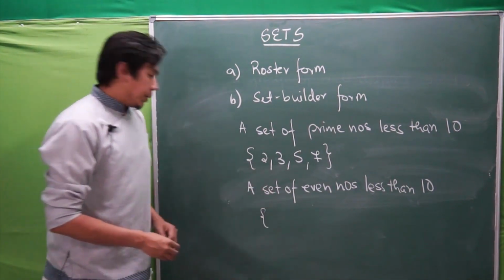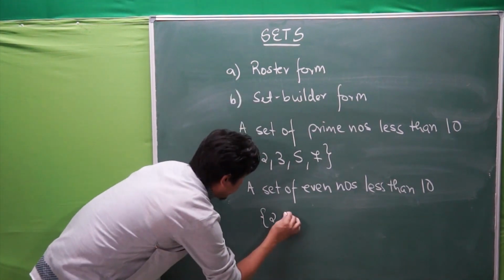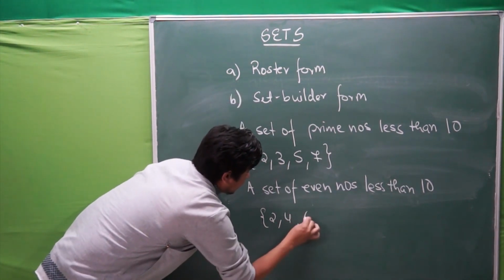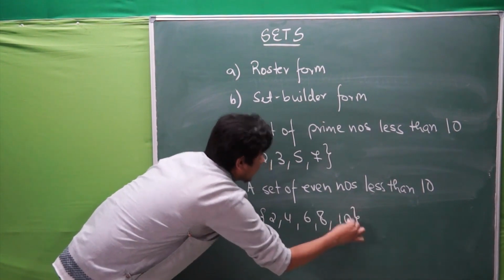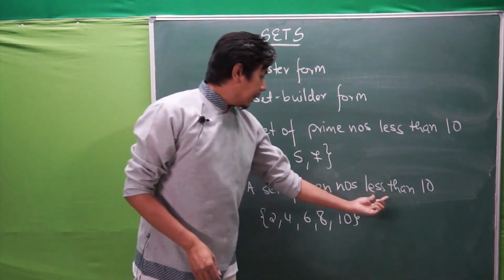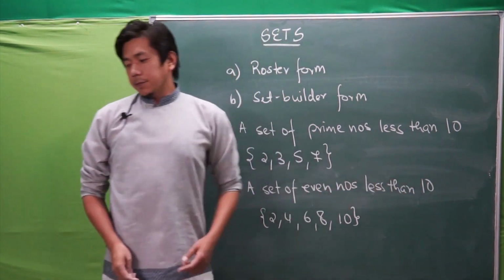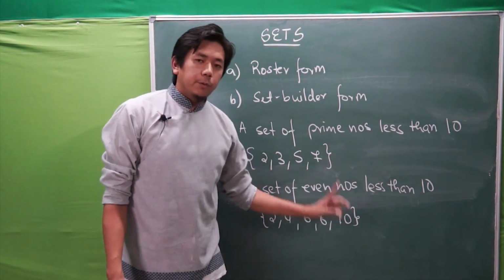To begin with, first we have 2. Then next 4, 6, 8 and 10. Alright. Now over here what is being said is it is less than 10. Now since it is less than 10, therefore including 10 over here would be wrong.